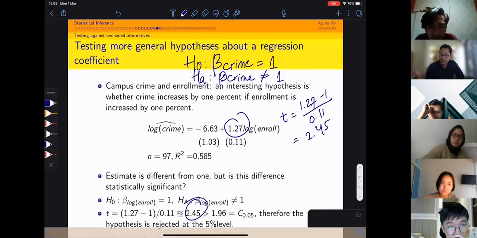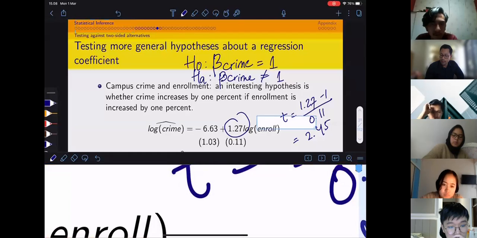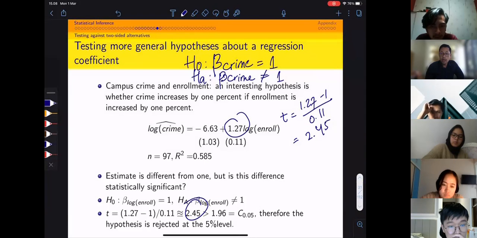However, it's actually still larger than the rule of thumb of 2, which is at the 5% significance level. And so we can reject the hypothesis at the 5% level. And so what do you conclude?